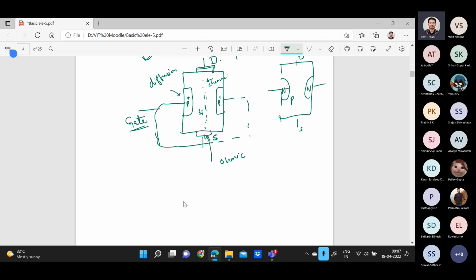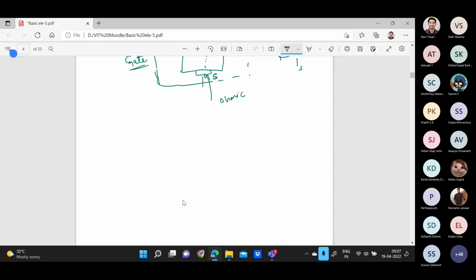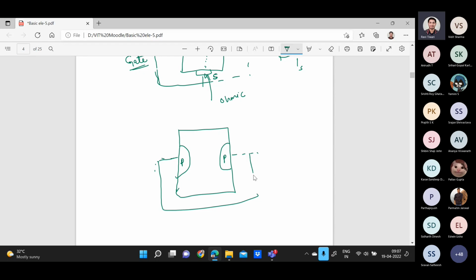Now we will see the operation. I'm just drawing the same thing here. Here we have a P type material, and connecting like this, both terminals of the gate you have to connect like this.